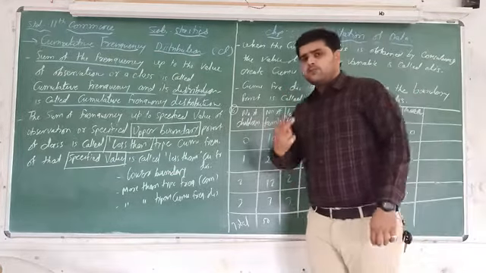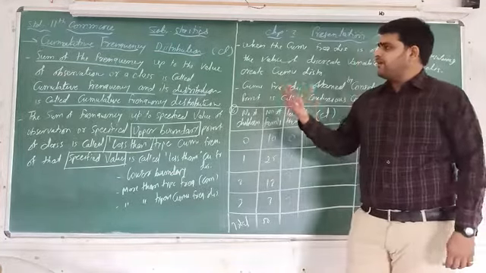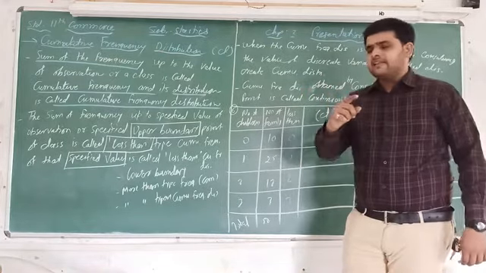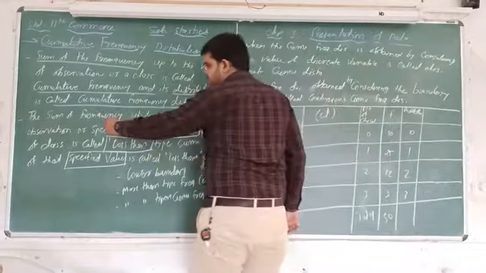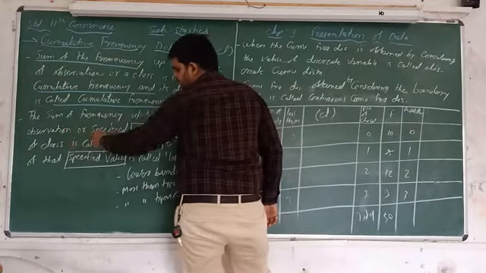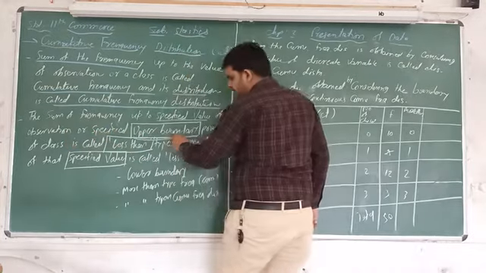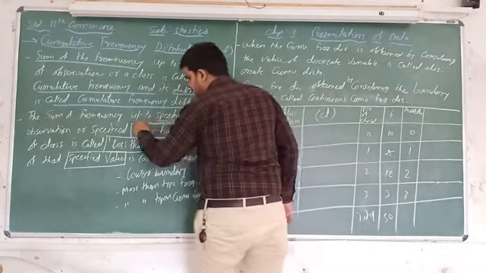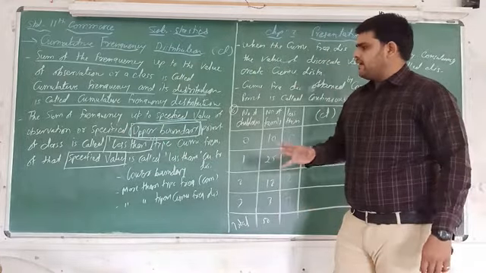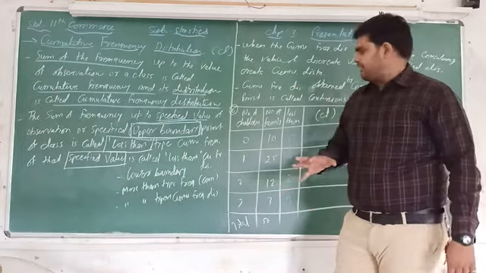Again, there are two types of cumulative frequency distribution. What are the two types? Let's see. The sum of frequency up to a specified value of observation or a specified upper boundary point is called a less than type of cumulative frequency.